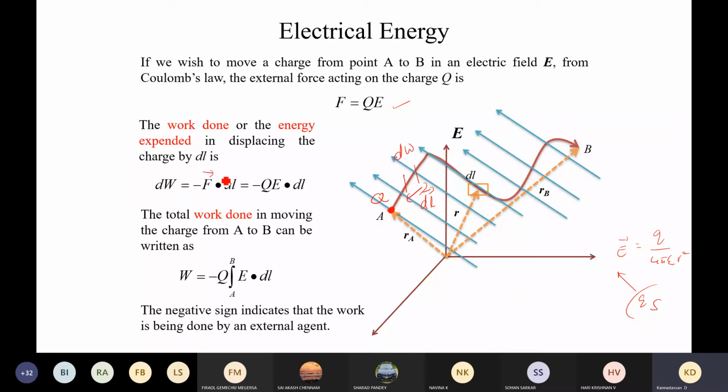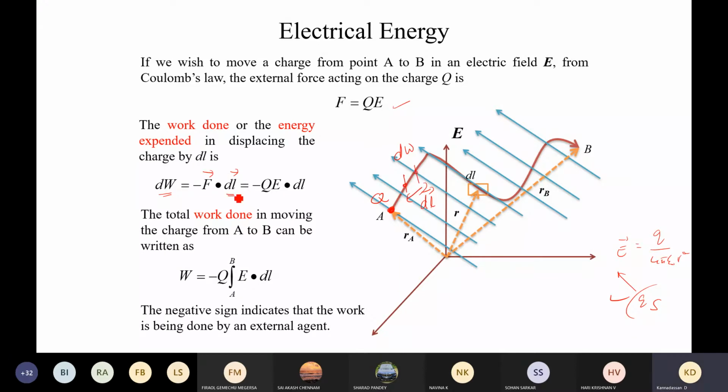For this, we have to take the dot product of the force due to the source charge, which is somewhere else and defined in terms of the electric field. Over a small length, that will give a small work done, or small energy expended, by displacing the charge from here to here.